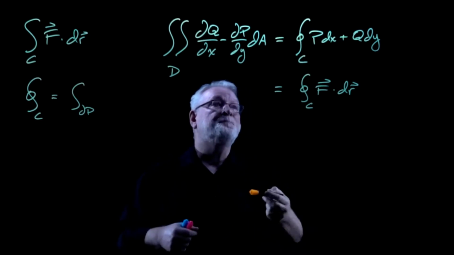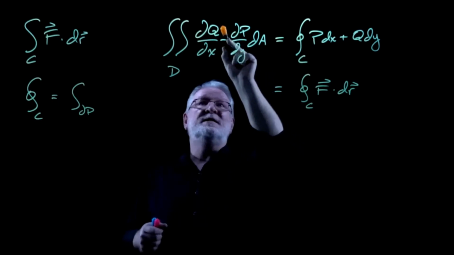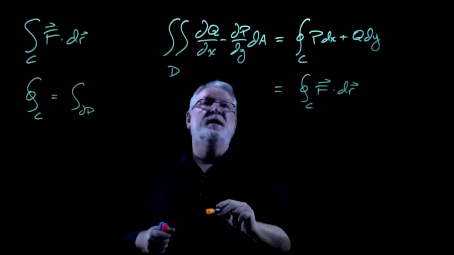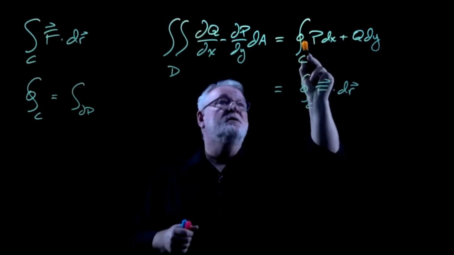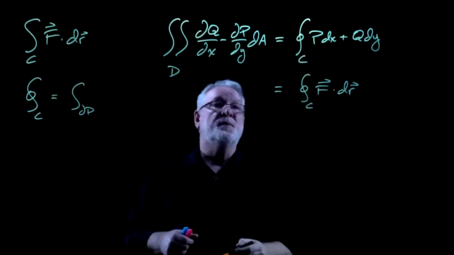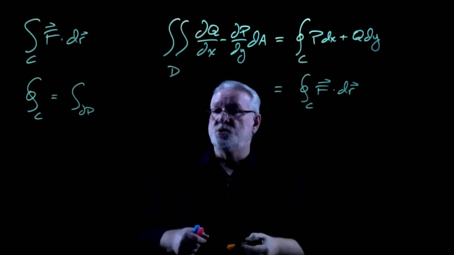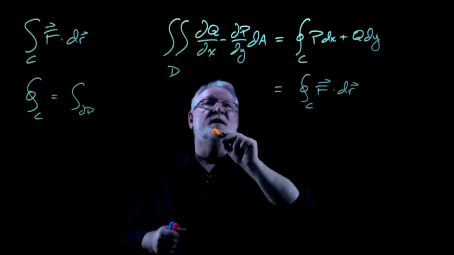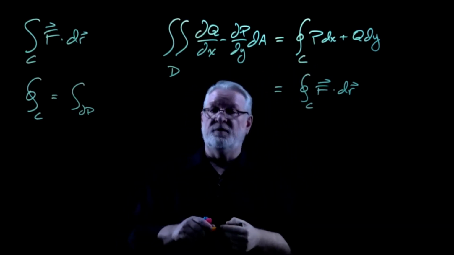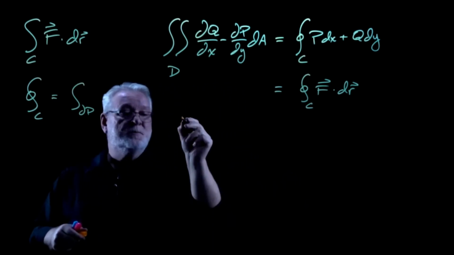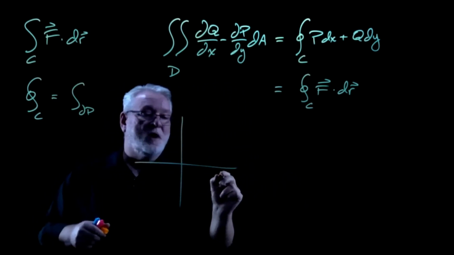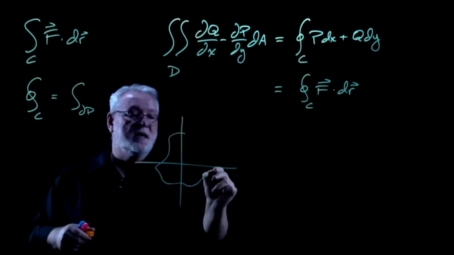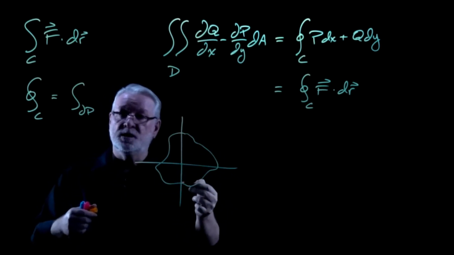So it gives us another path to evaluate this integral rather than applying the fundamental theorem of line integration. And that is, we can go ahead and take a double integral over an area and turn it into a single integral over a closed path. Well, let's talk about what those two things look like. And then you'll be able to see whether you want to manipulate these by taking partial derivatives or not. Suppose in general in the xy plane, we had some sort of a curved path that closed in on itself.